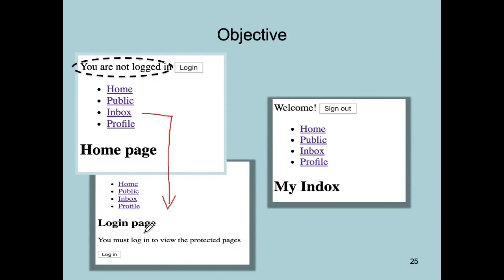You click login, that checks with the backend to see if it's a valid username password combination, and then it takes you to the page that you wanted to go to in the first place, assuming you're authenticated. Now, across all the pages of my app, I've got some sort of indicator that the person is signed in.